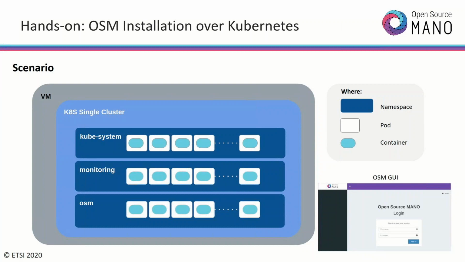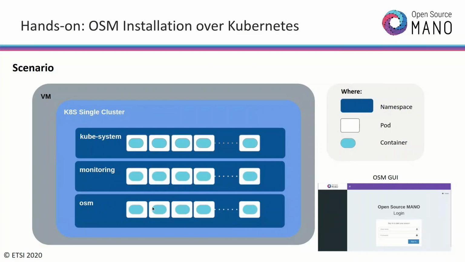So inside this cluster we will deploy, there will be three main namespaces or virtual clusters. We will have a kube-system namespace, monitoring that will be enabled later, and we will have the OSM namespace.